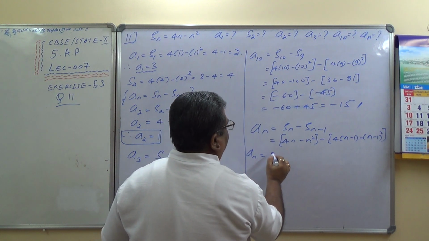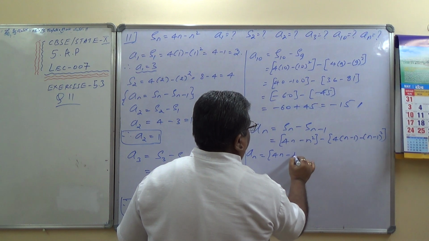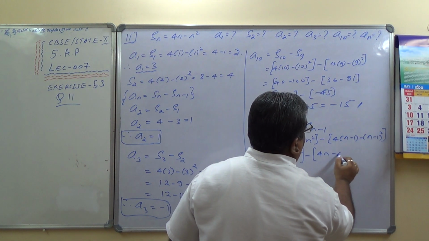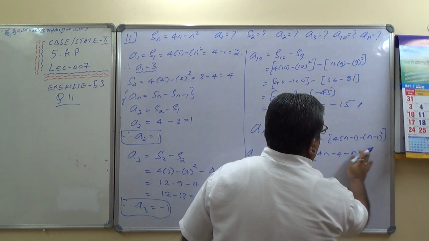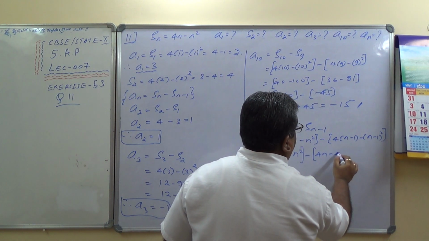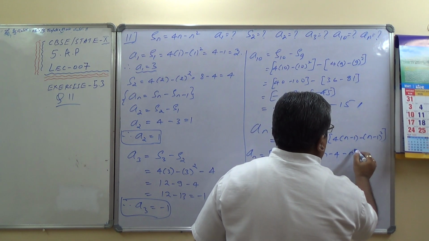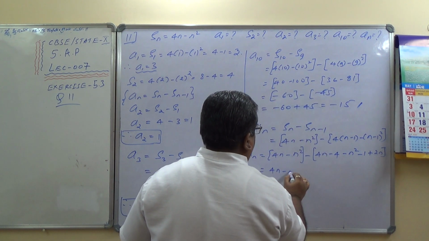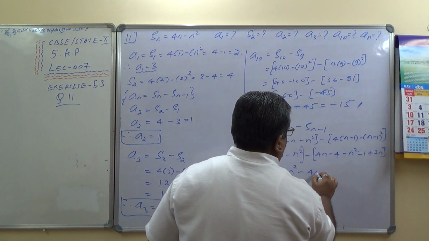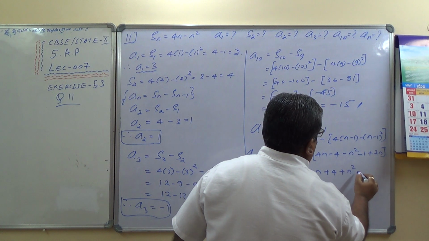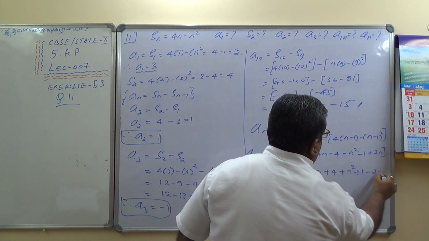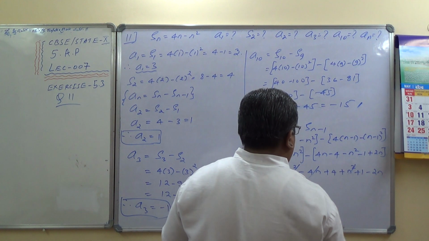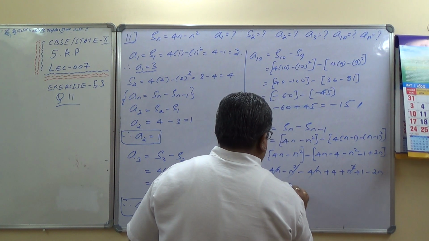So An equals 4n minus n square minus 4n plus 4 plus n square minus 1 plus 2n, which equals 4n minus 4n plus n square minus n square plus 4 minus 2n. 4 minus 2n.